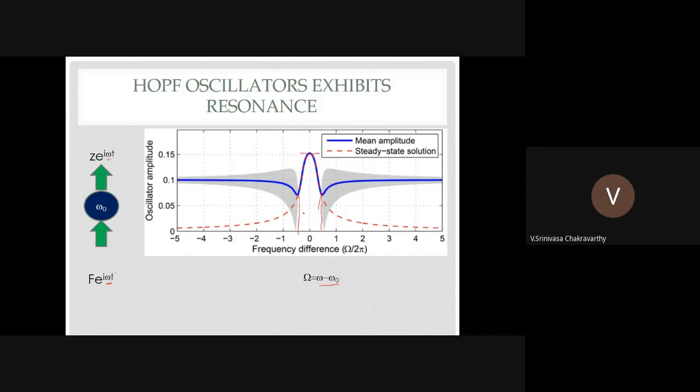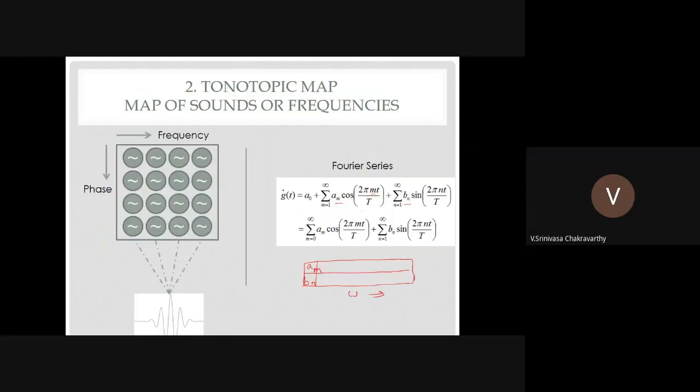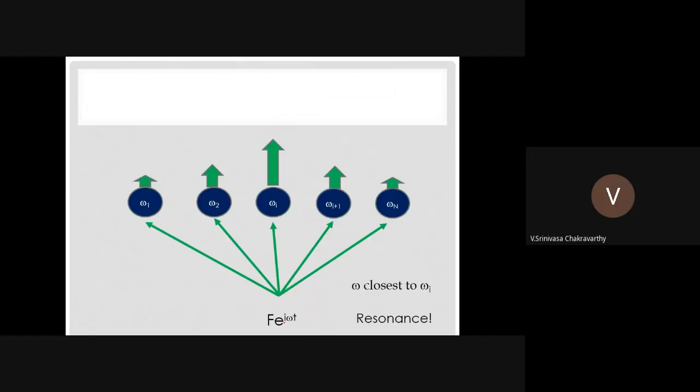So that is very important, because if I want to have a map of frequencies, and if I have a 2D array like this, and I give some input f into e power i omega t, the same input is presented to all the oscillators. Then whichever oscillator has a frequency closest to the frequency of the input should have the highest response compared to the others. So if that is possible, then you can say that this array of oscillators is a map of frequencies.